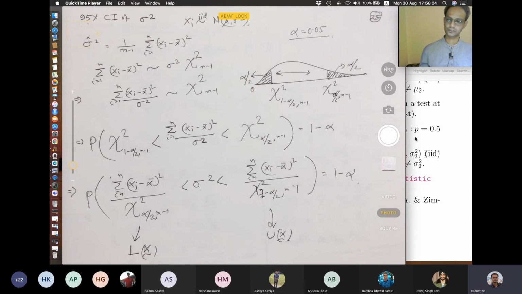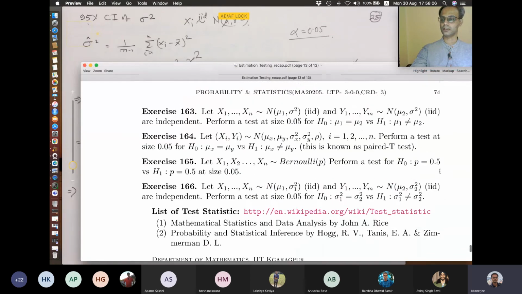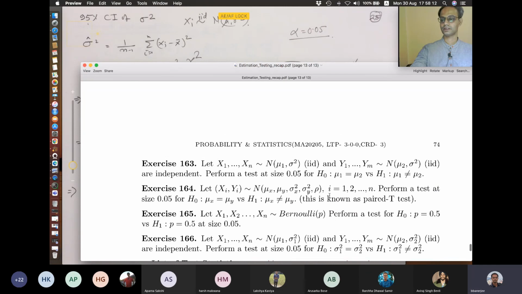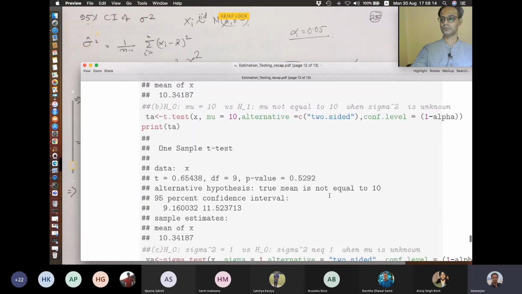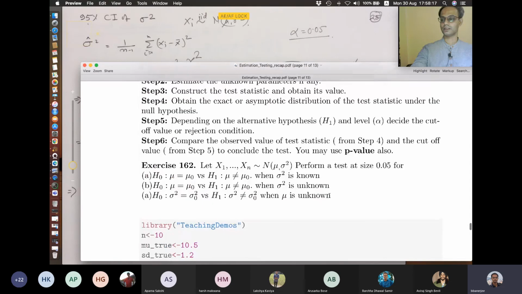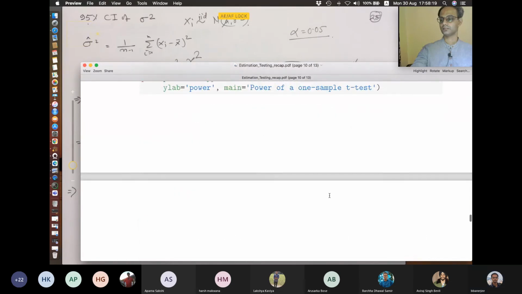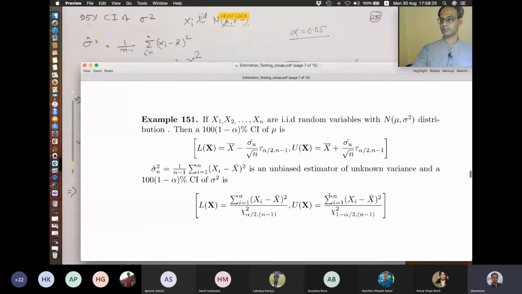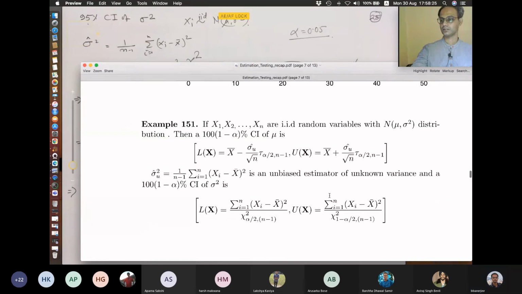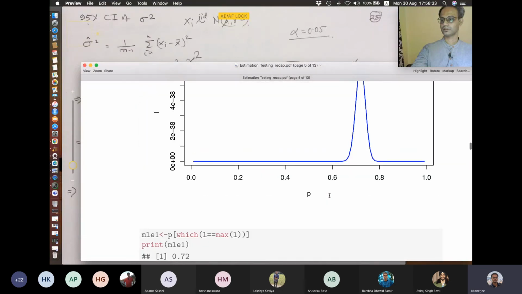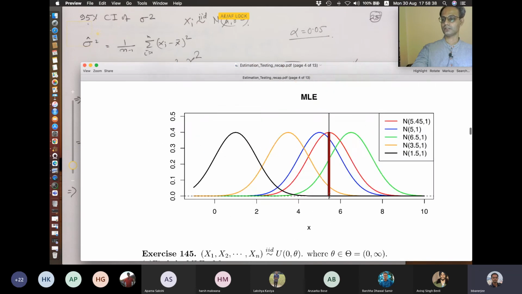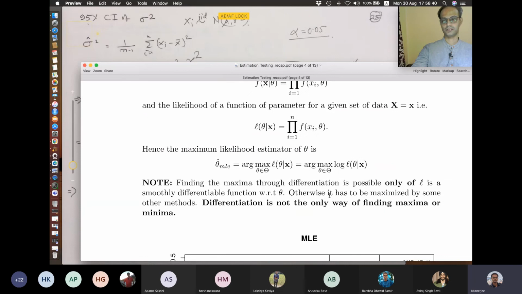Also try sometime this kind of problems given here, because these are very fundamental problems that one should do while doing estimation and testing. I think nothing much new is there. Important problems, because remember that to find the MLE you need not differentiate.